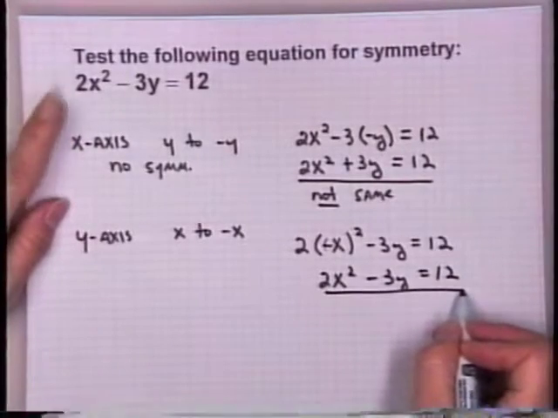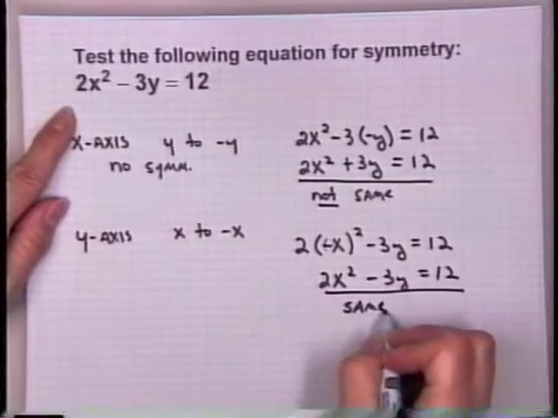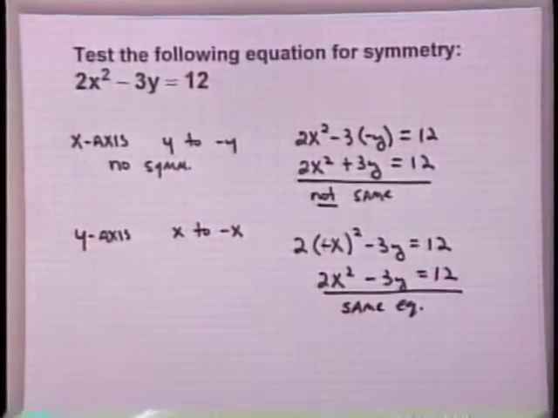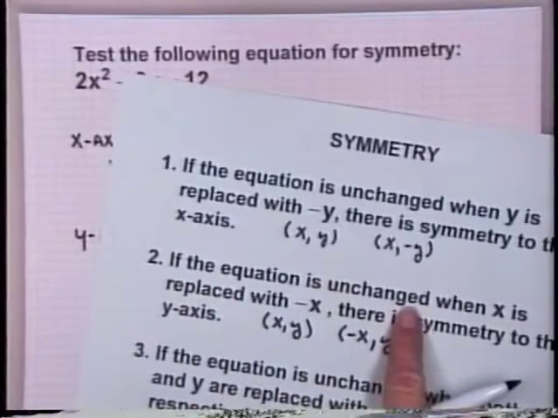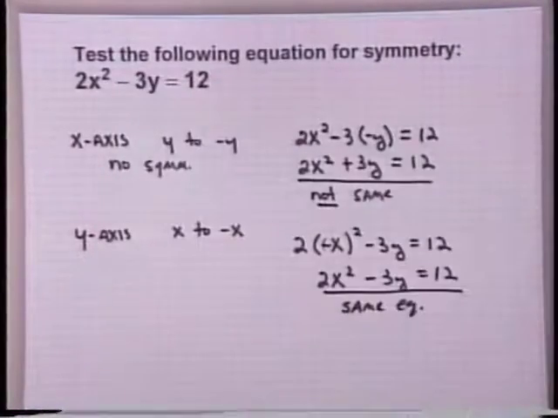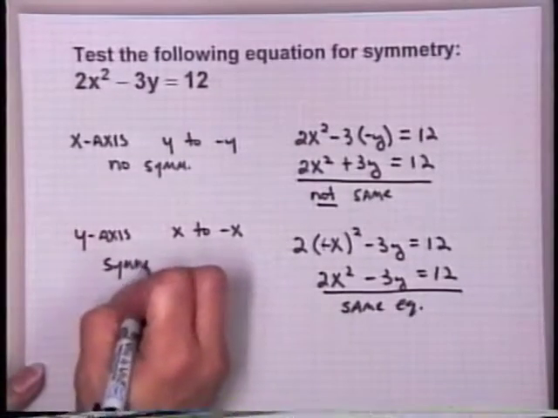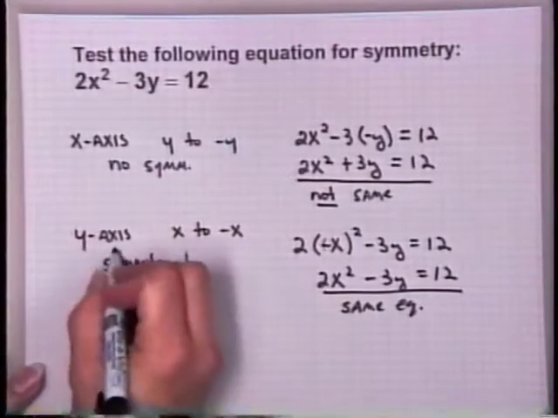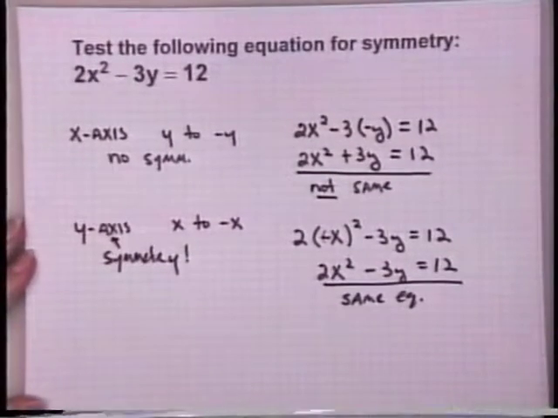Does this equation look just like the original? It's exactly like it, isn't it? It's the same equation. And remember, in your rule, it said what? If the equation is unchanged. Okay, my equation is unchanged, so I do have symmetry to that y-axis.